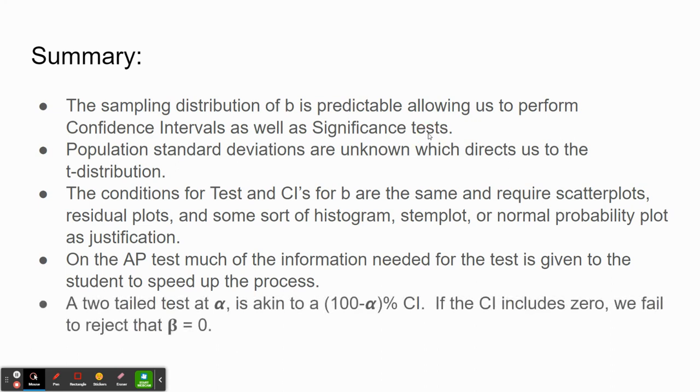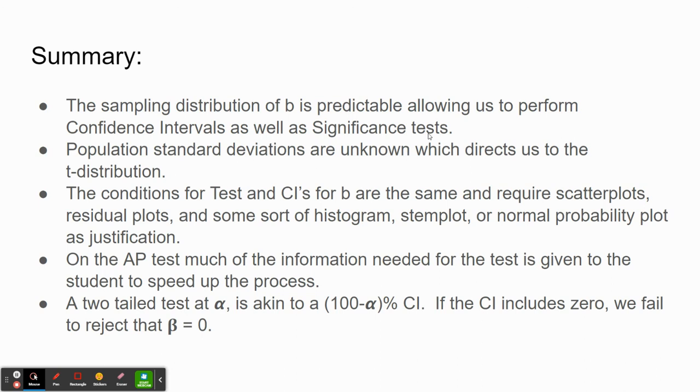A two-tailed test at alpha is the same as a 100 minus alpha percent confidence interval. So an alpha level of 5% is essentially the same as a 95% confidence interval. If you construct a 95% confidence interval and 0 is not in your interval, then you would say that the slope is not 0.